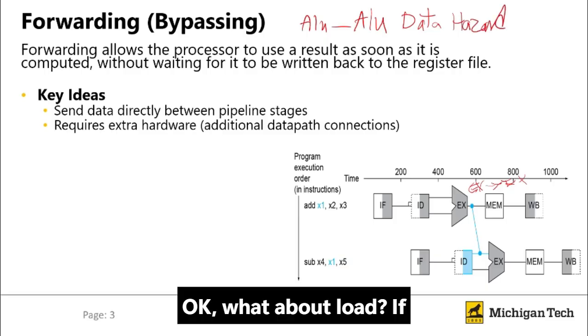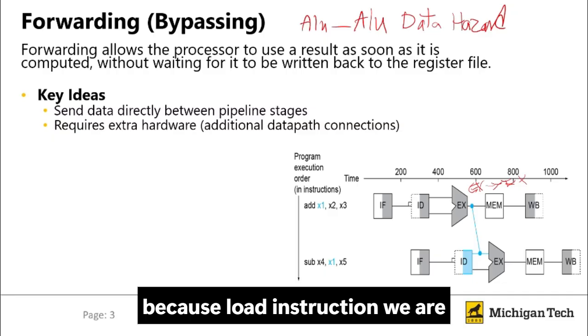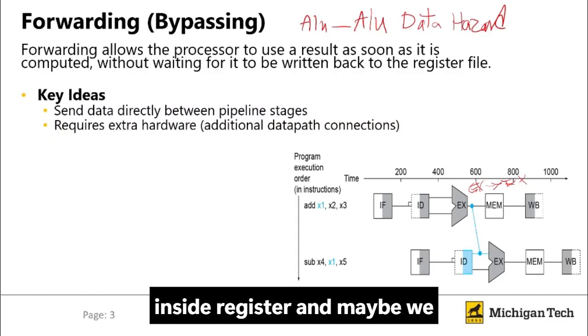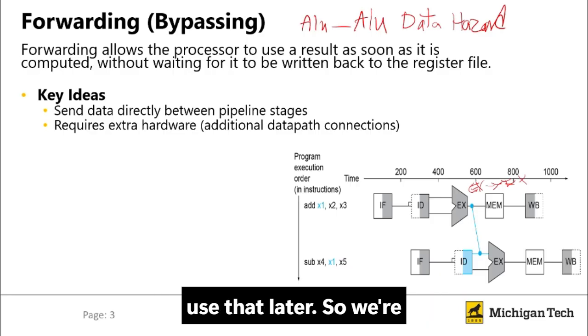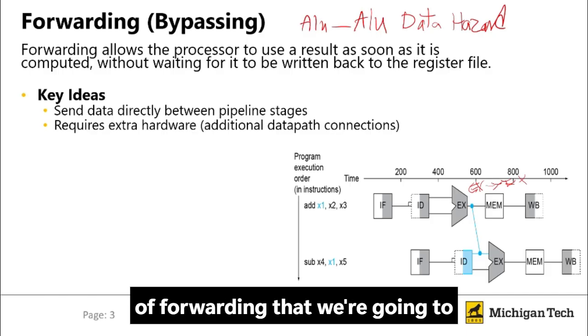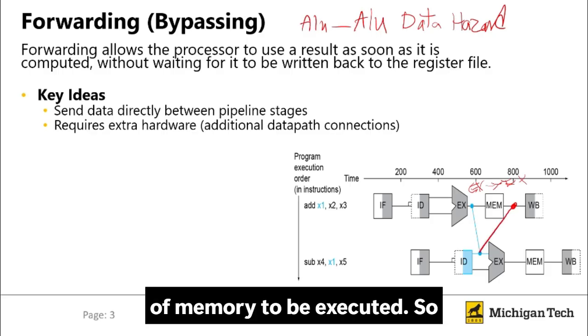Okay, what about load? If you have a load instruction, we are reading memory and putting it inside a register, and maybe we use that later. So we're going to have another type of forwarding that we will see in the next slide. In that one, we need the result of memory to be executed.